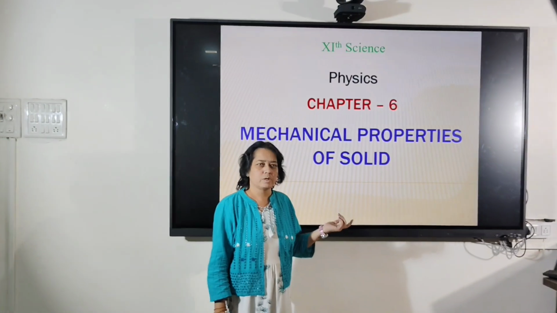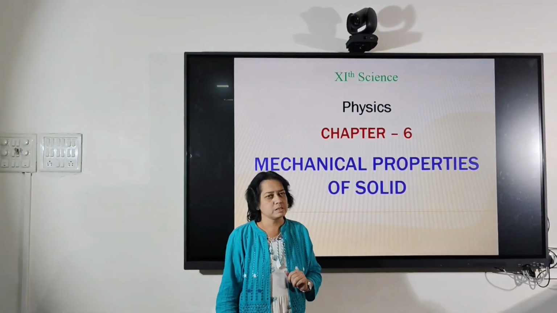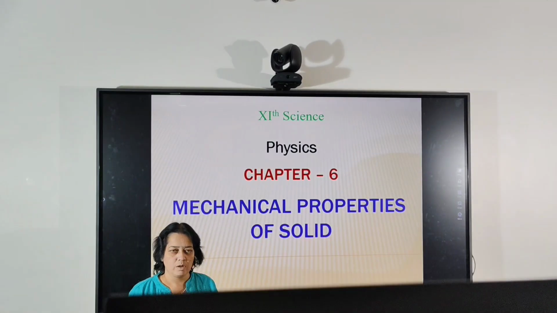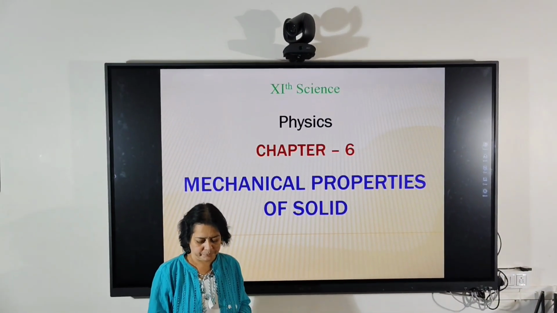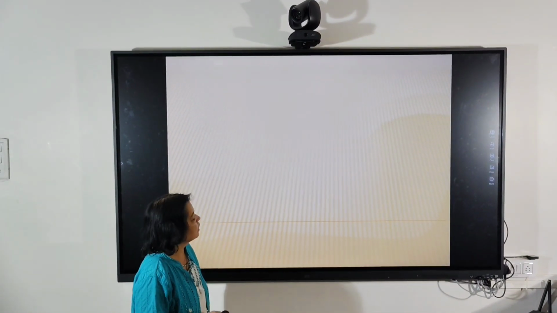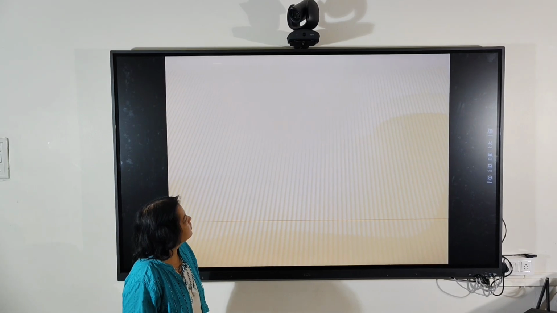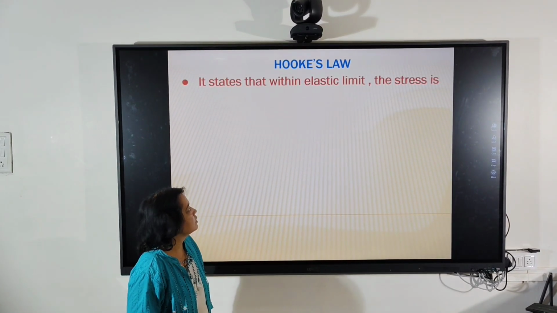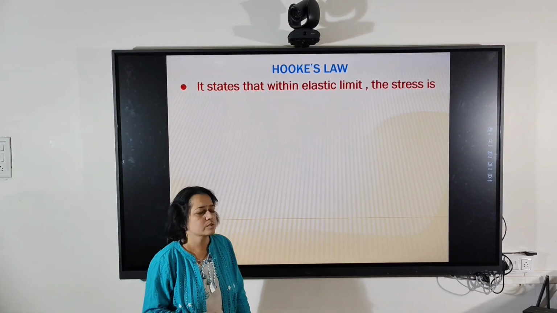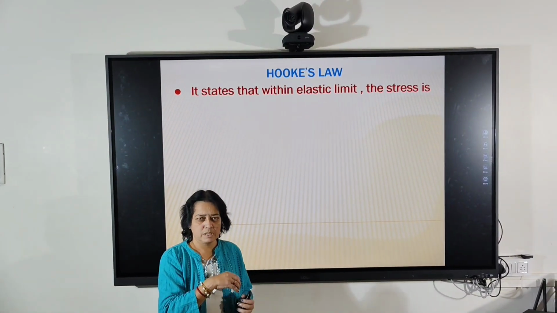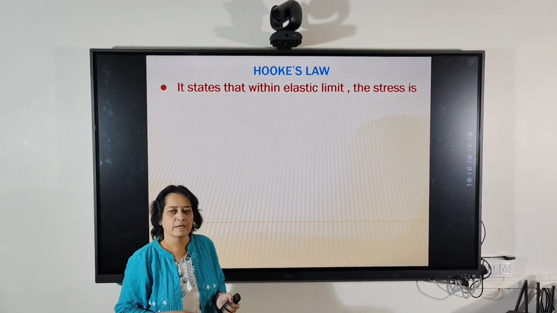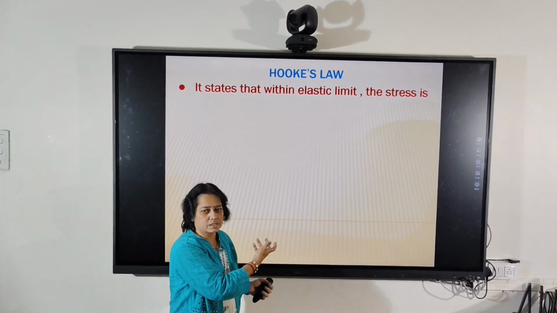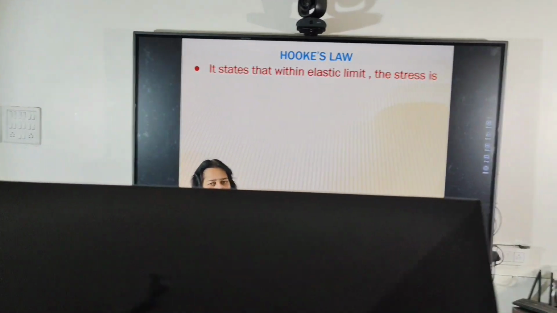Before learning about modulus of elasticity, we are going to learn Hooke's law. So let's start with the definition of Hooke's law. In previous lectures we saw the diagram of a rod of length L, and we attach a force or weight to the rod.